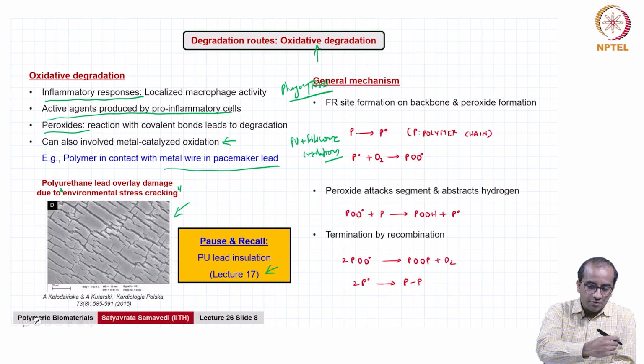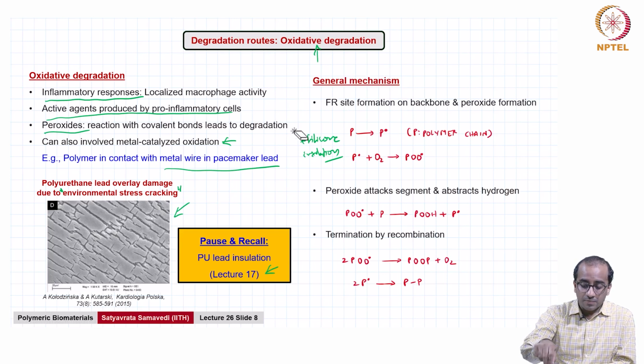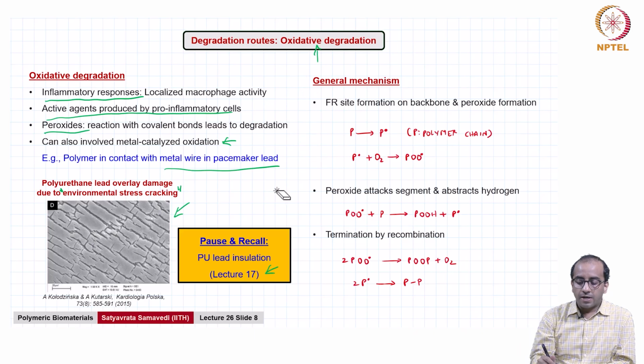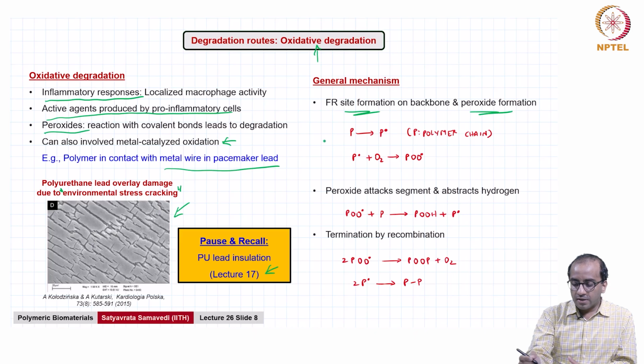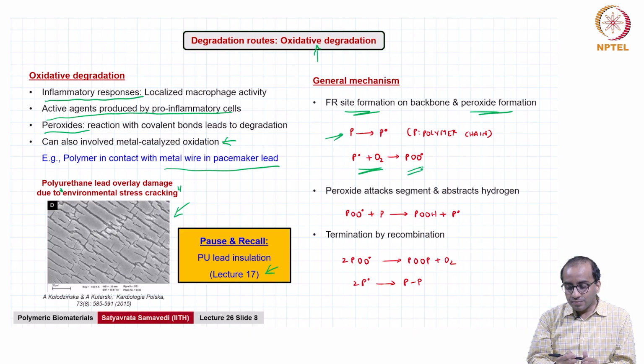And mechanisms through which these can occur include typically a free radical driven mechanism, where a free radical site formation on the backbone leads to peroxide formation, where P is simply the polymer chain. In the presence of oxygen, you can have these peroxides that form, and peroxides again will attack.